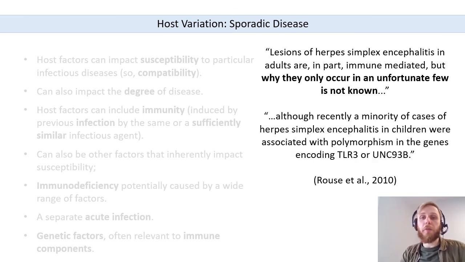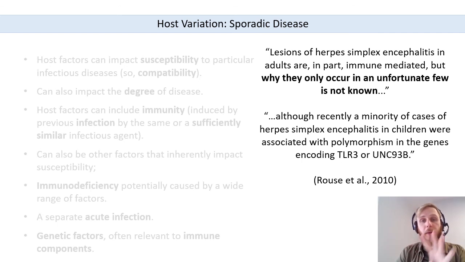Okay, and here we're referring to the instance of herpes simplex virus infections causing encephalitis, so inflammation of the brain really. And we can see from this paper that it is linked to polymorphism within TLR3, which is obviously, as we know, toll-like receptor 3, which is involved in immune function. Interferon, which we looked at in the last slide, is similar. So they're involved in the same immune signaling pathways, aren't they?